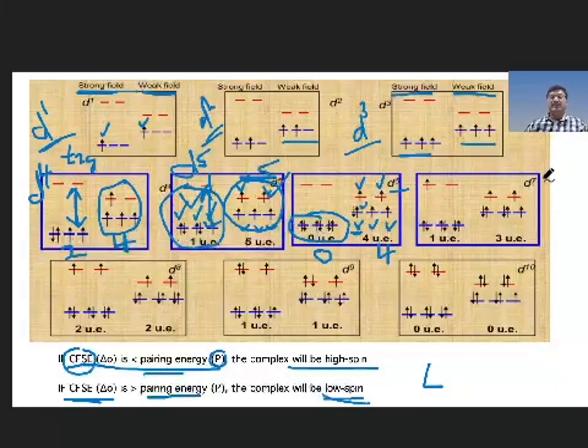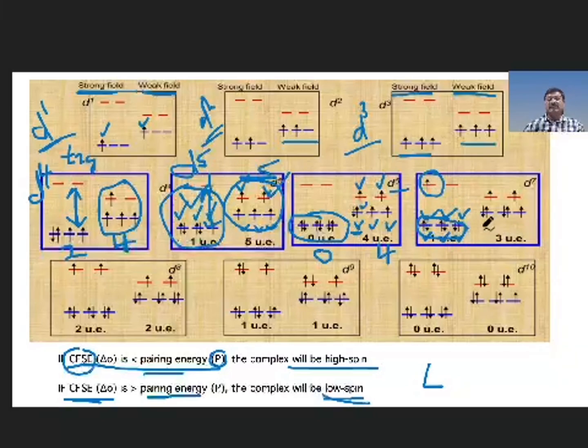Let us come to the d7 electronic configuration. In the case of the d7 electronic configuration, in the low spin compound, the electrons first fill in the t2g: first electron, second, third, fourth, fifth, sixth electron. And the 7th electron will go into the eg level because the lower energy level is filled. That's why the next electron will go to the eg level.